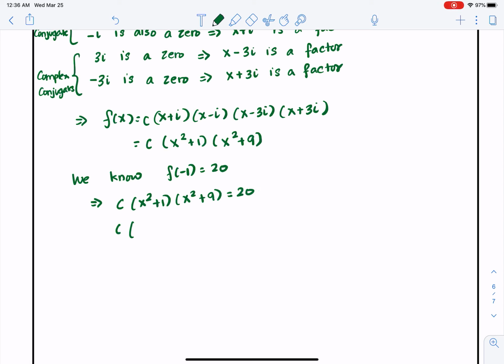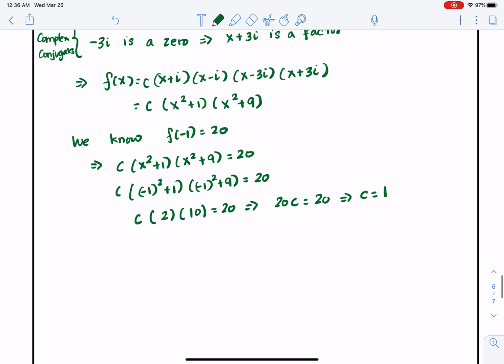Plug in negative 1 for x: c times negative 1 squared plus 1 times negative 1 squared plus 9 equals 20. So c times 1 plus 1 would be 2, negative 1 squared is 1, 9 plus 1 is 10, equals 20, which would mean 20c equals 20, so c is 1.